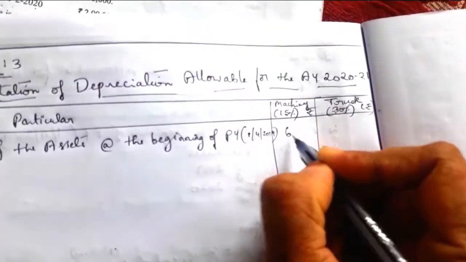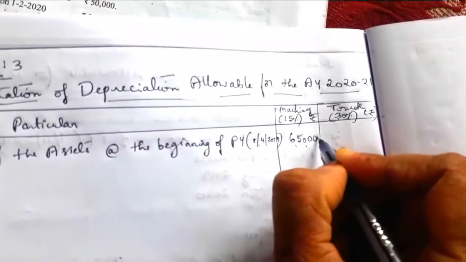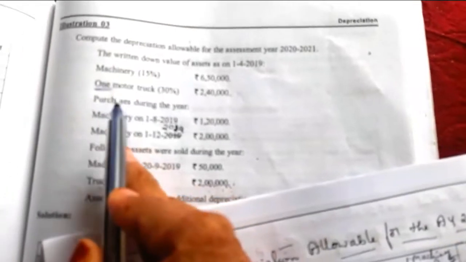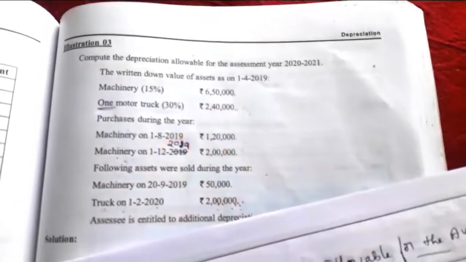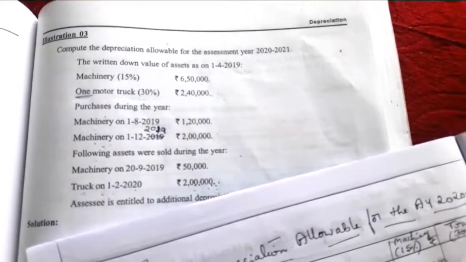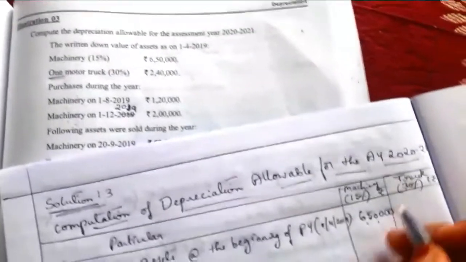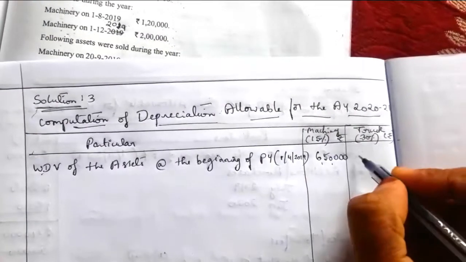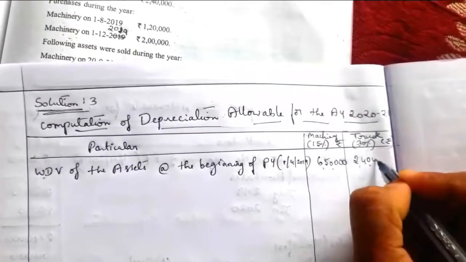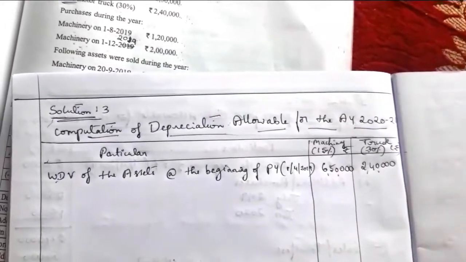Machinery, rupees 6,50,000. So in the machinery column we write rupees 6,50,000. And for the motor truck, written down value is 2,40,000.